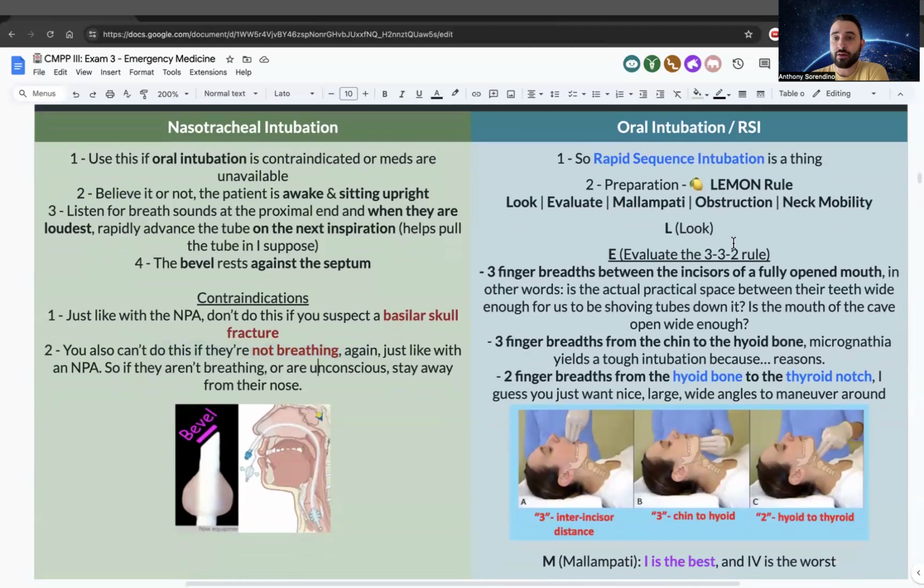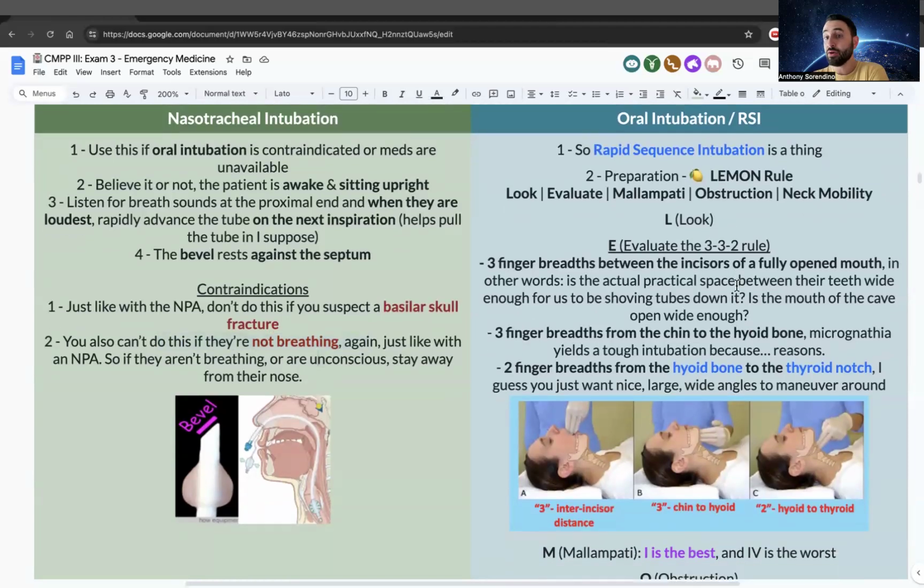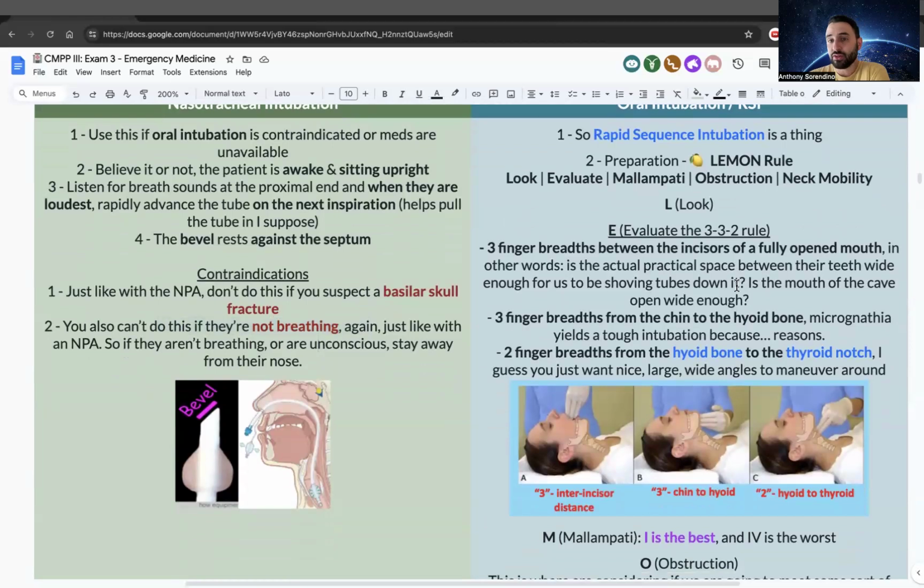This is your RSI, your rapid sequence intubation. There's this LEMON rule. So L is just look. E is the important one. I'll see if I can remember this. This is for assessing a difficult airway. You want to make sure you can fit 3 fingers. I was talking with somebody about this, the patient's fingers, because if it's a child or somebody that's small or big, are you taking the patient's finger? Anybody could shove their fingers into someone's mouth.